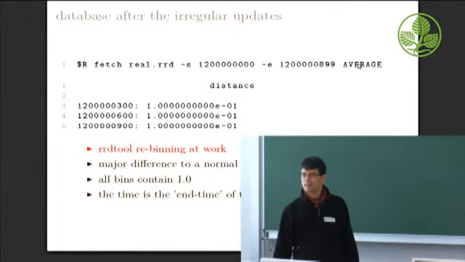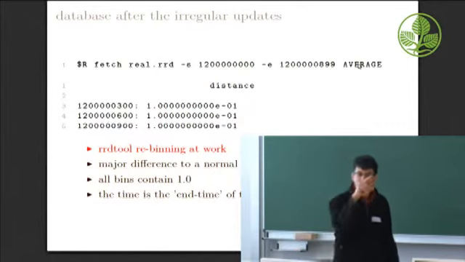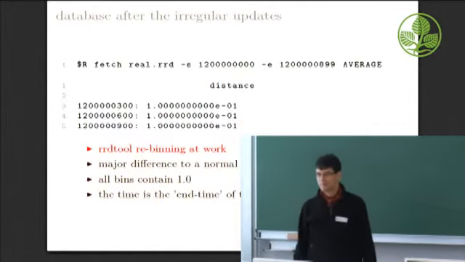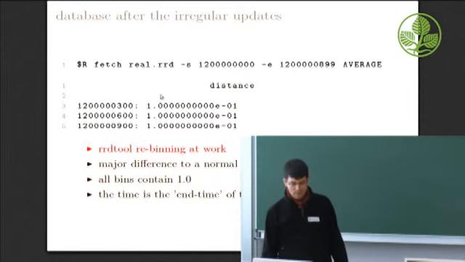By specifying the consolidation function, RRDtool will only look at the round-robin archives of that consolidation function. And then it pulls the data. The 300-second intervals which get chosen here are because the default interval in a fetch operation is 300 seconds.